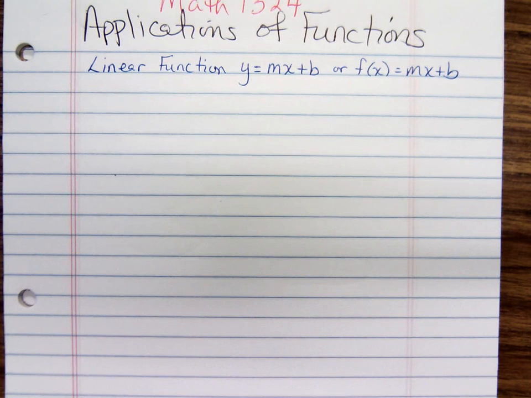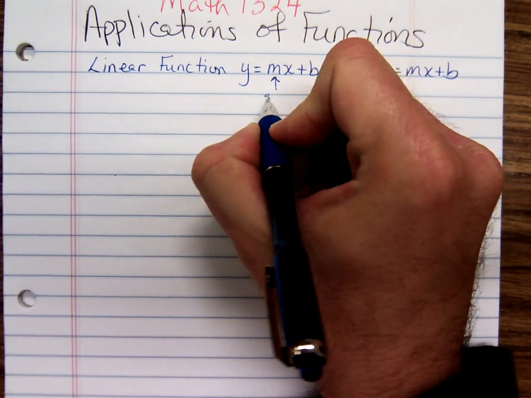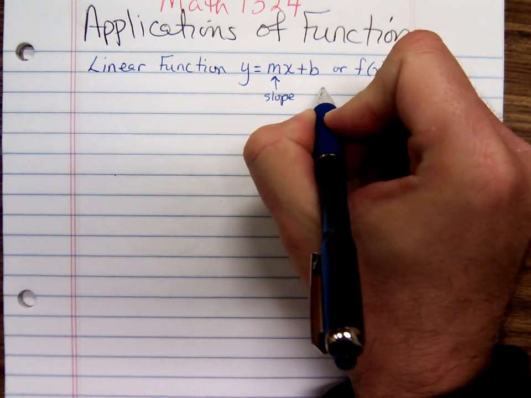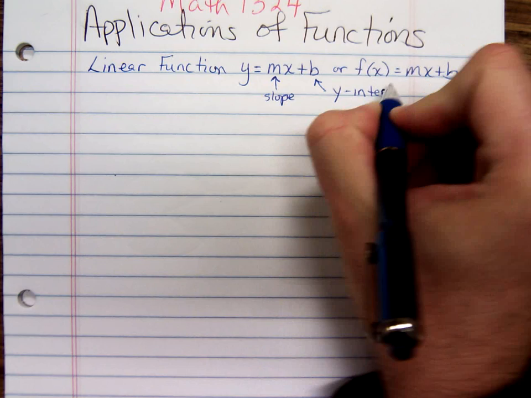So y equals mx plus b, or f of x equals mx plus b, is a linear function, and m is the slope of the line, and b is what we call the y-intercept.